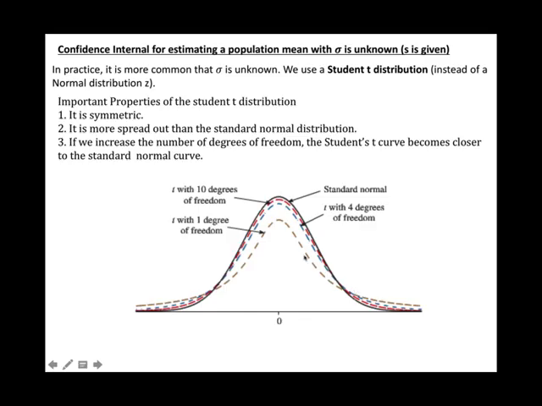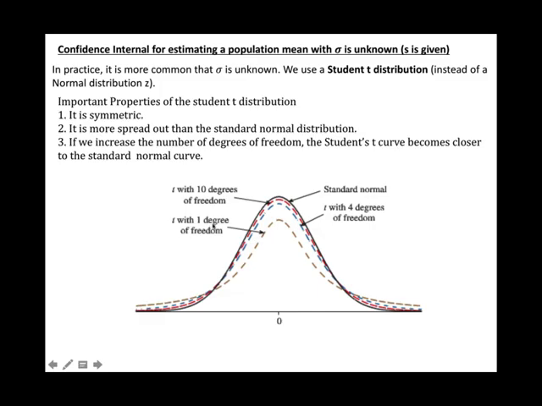You could see compared with the standard normal, the t distribution is more spread out. This is specifically t with 1 degree of freedom. I'm going to explain the meaning of degree of freedom later. When you have a small degree of freedom, the distribution is more spread out compared with the standard normal.